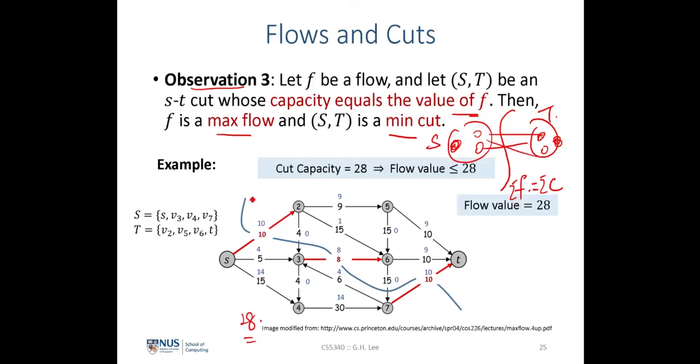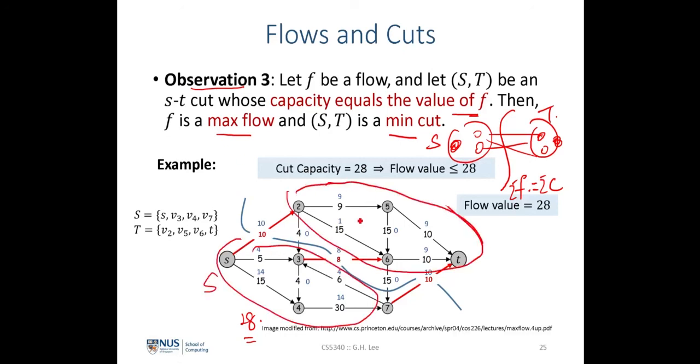Once we have found all these cuts along the edges that fulfill this property, and if we can partition the nodes into the S and T partitions, then we can conclude that this particular cut is equivalent to the min cut.